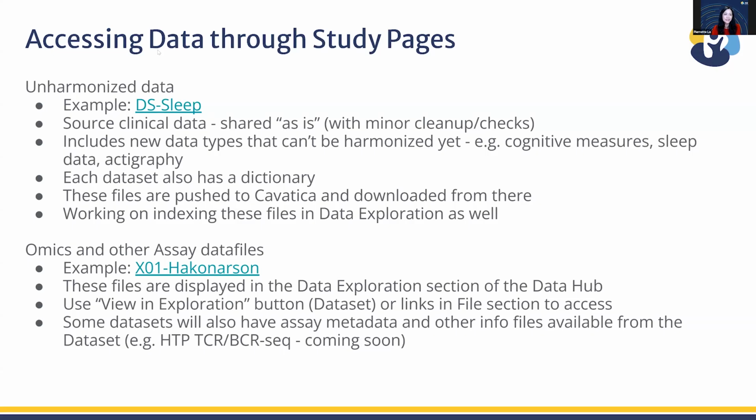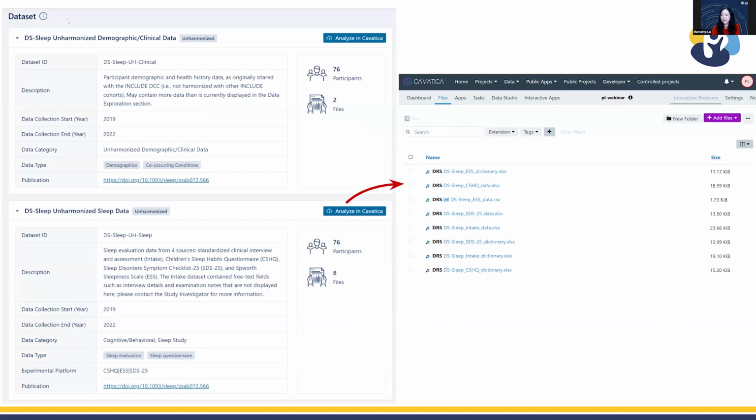So to access these files, you would go to the study page, and this is DS Sleep as an example. You scroll down to the data set section, and then you'll see the different data sets. And then, as Robert mentioned, if you click the Analyze in Cavatica button, these files from this data set will be sent over to your Cavatica project.